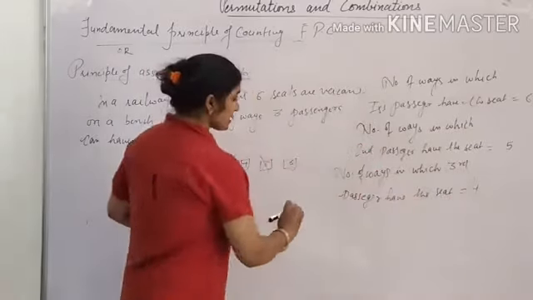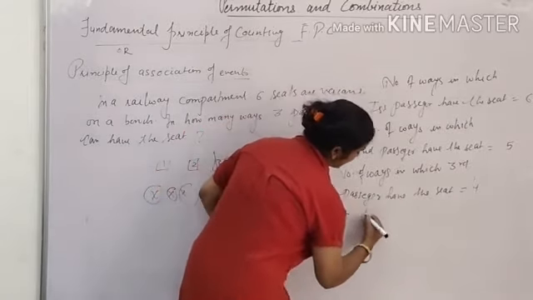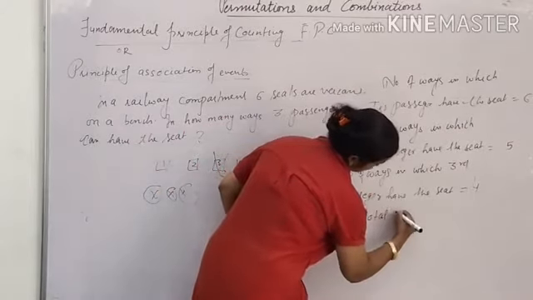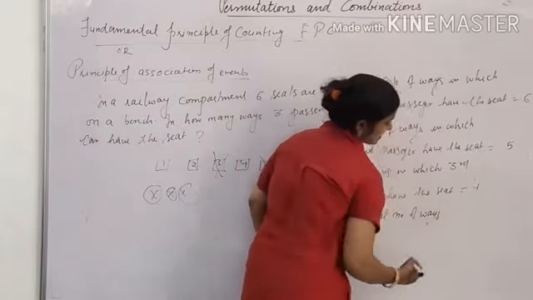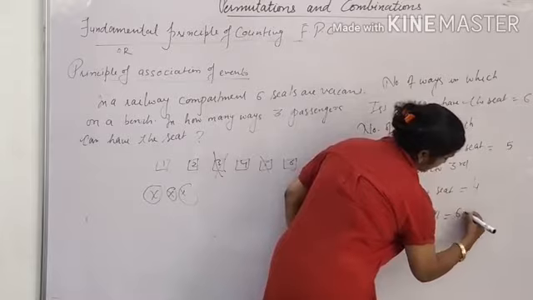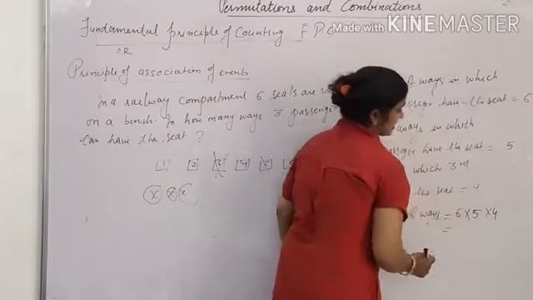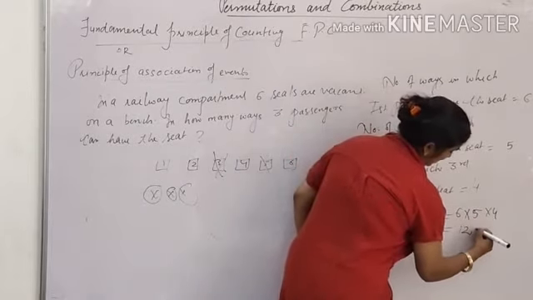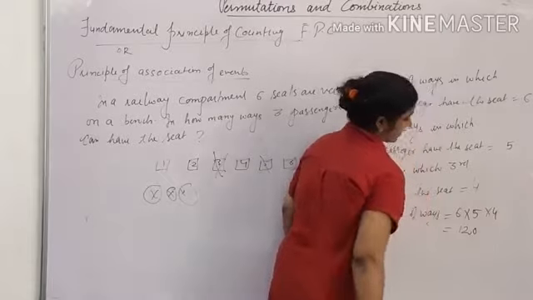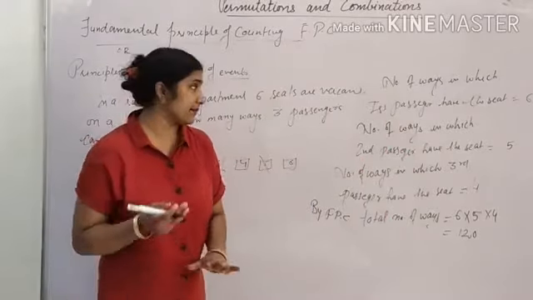So by the fundamental principle of counting, the total number of ways that 3 persons can have the seat is 6 into 5 into 4. 6 5s are 30, 4 3s are 12, so 120.